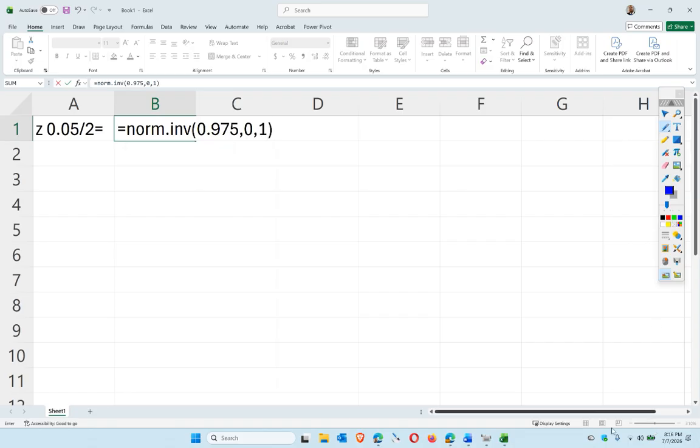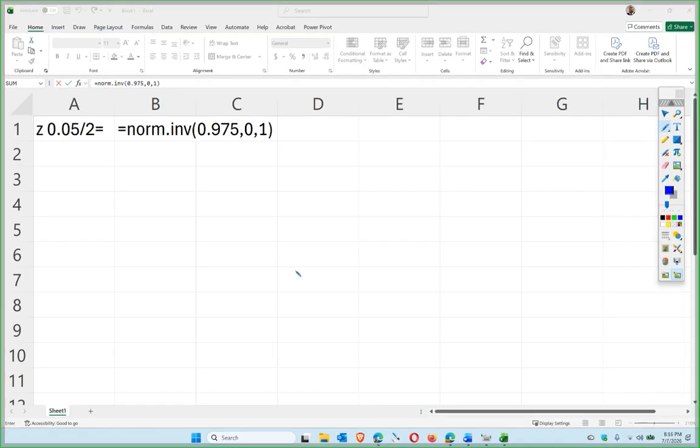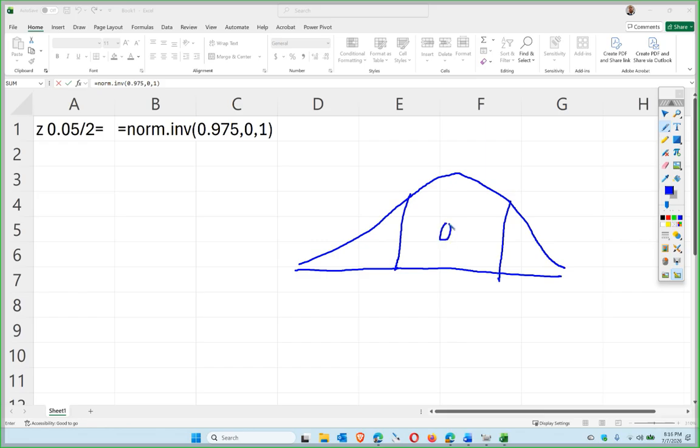Because again, let's draw a picture here. We're doing a confidence interval like this, right? So 95 is right here. So it's 5% alpha, correct? Alpha is the 5%, and this is therefore 0.025.